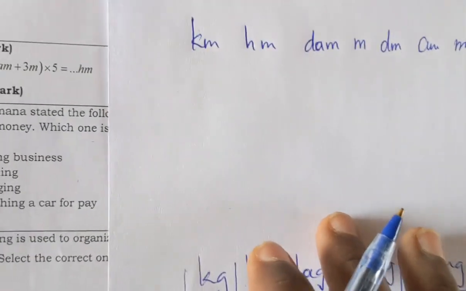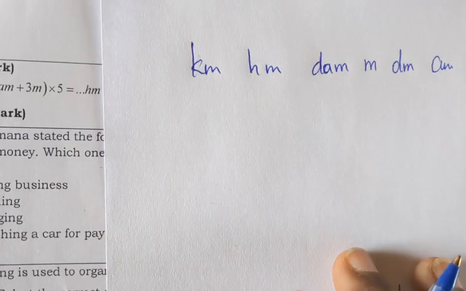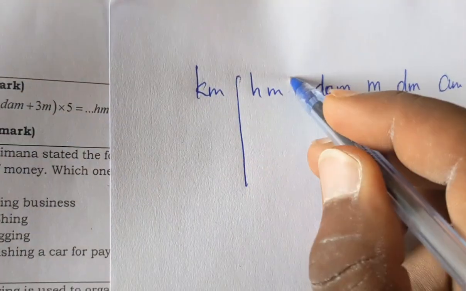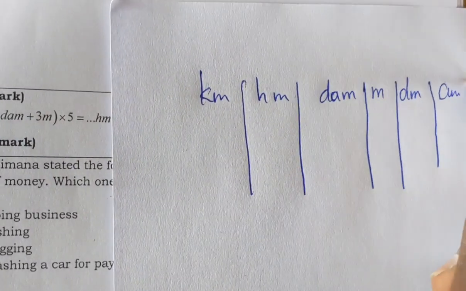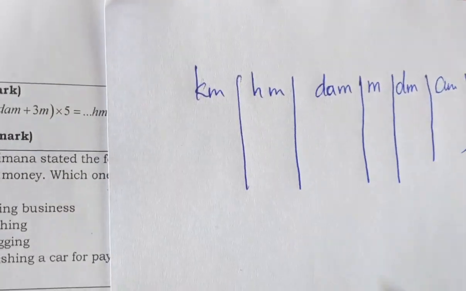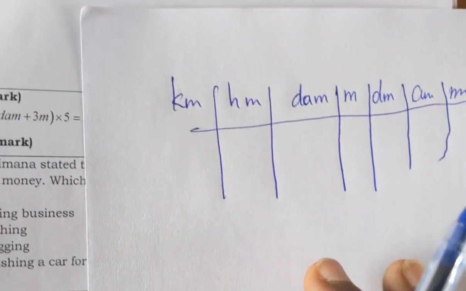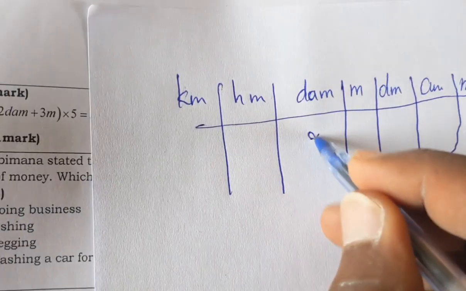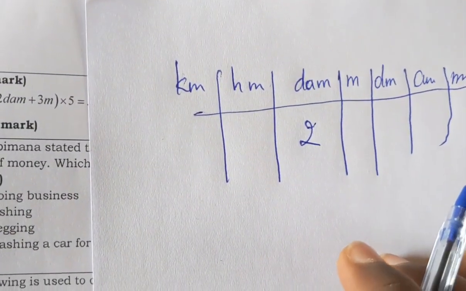And then I'm going to convert there, and I find how many hectometers are there. Here I have 2 decameter. Then I'm going to convert into one measurement.